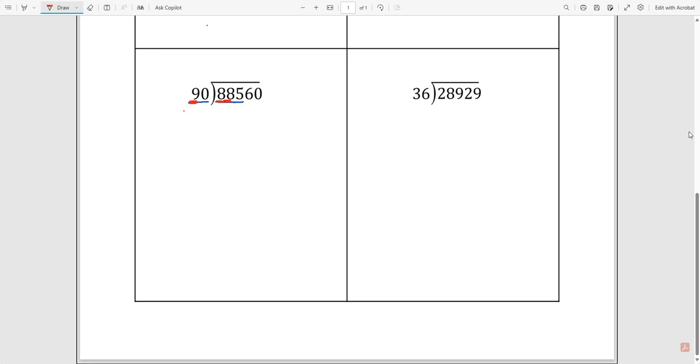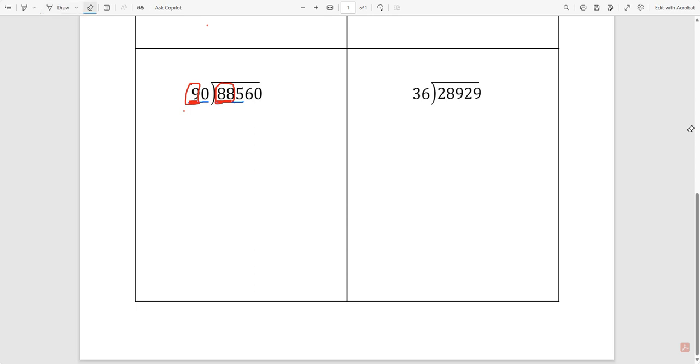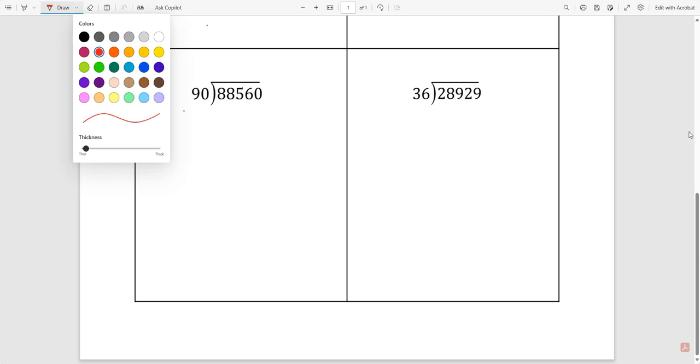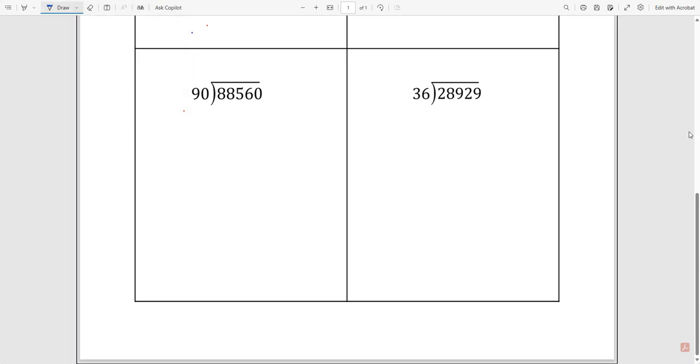I'm doing this in red for our visual. 88 will be divided by 9. We can divide 9 into 88 9 times, if we know our multiplication. Let's try that. But remember, we're going to put it over the 5, because we were actually dividing 885 by 90, not 88 by 9.